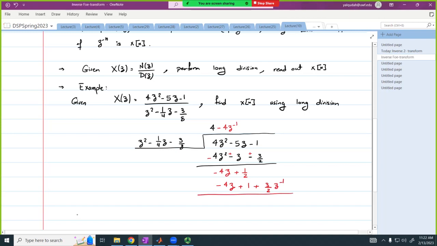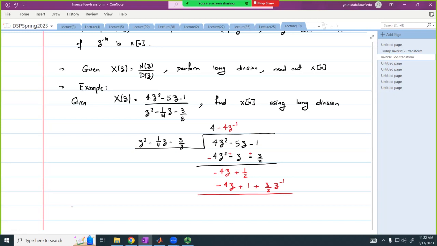Together? Is that clear? Negative 4z to the negative 1 by z squared is going to be negative 4z. Negative 4z to the negative 1 by 1/4, 4 with 4 cancel, and plus z would cancel, and then plus 3 over 2 multiplied by z to the negative 1.